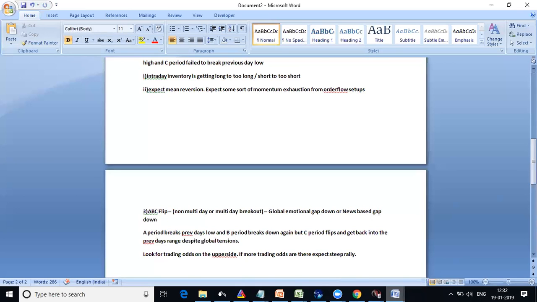What you have to watch is the point of control. So expect or monitor POC building above the previous day range. These are the places where you can expect steep rallies.